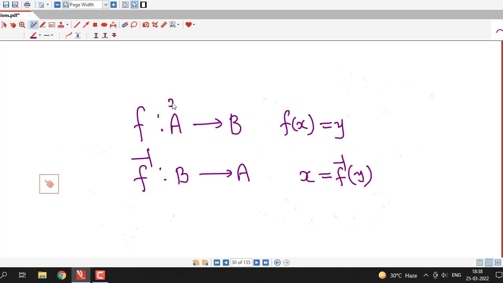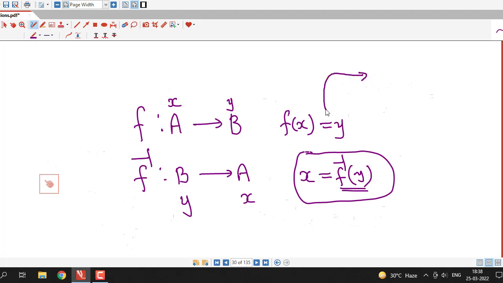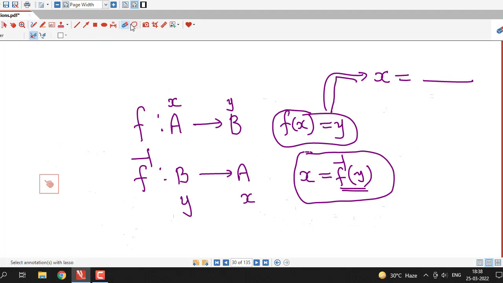So here the image of x under f is y, and the image of y under f inverse is x. We will always be interested in the value of x, which we denote by f inverse y, and that we obtain by simplifying this relation. We will find x in terms of y after simplifying the formula of the given function.